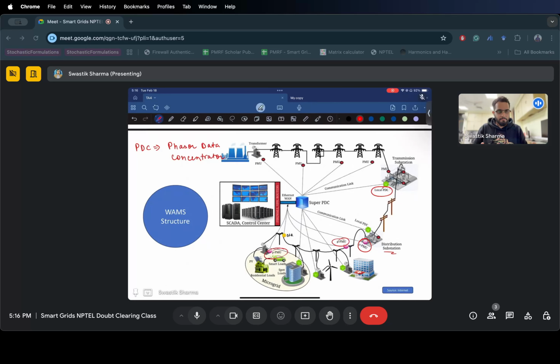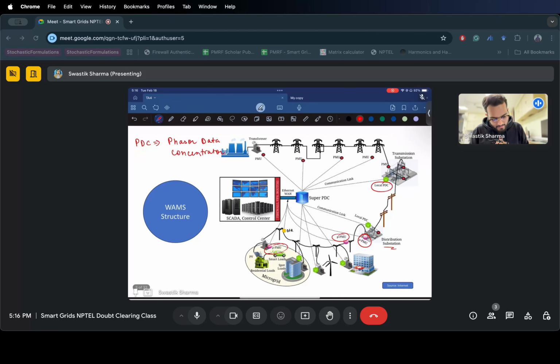The resolution is needed because your DRs are connected mostly to the distribution side, and that is where you feel most of the fluctuations. Since the voltage level is low, to catch that fluctuation you need a much higher resolution, and that is why they are called micro PMUs, right?